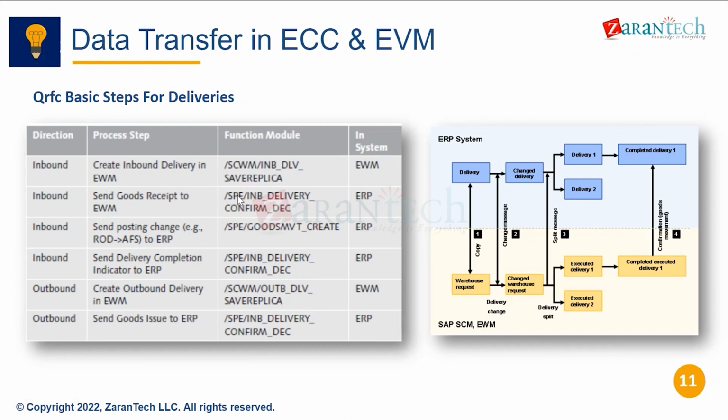So you can just keep remembering these naming clusters. In SA37, you can just put /SPE*, and you'll get to know which function modules are used for all the inbound, outbound, or internal status updates to the ERP system from the EWM system.